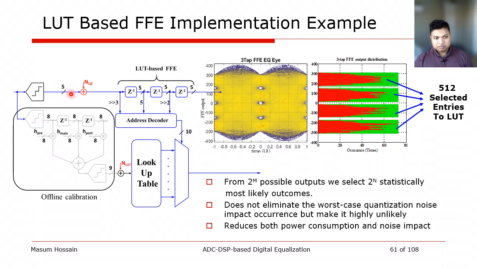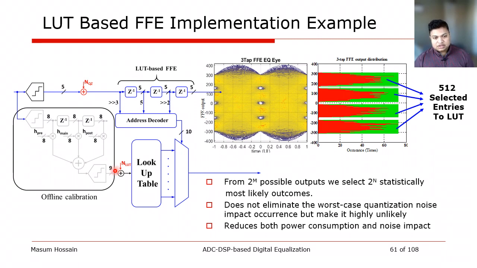From the regular path, we actually use the FFE output as an address decoder, and using that address decoder we can pick up one of the values from the lookup table. Because these entries are made with a higher resolution, even the selected value will retain that resolution. That's one way. Even using a 5-bit ADC, we can select an output which has a 9-bit resolution.